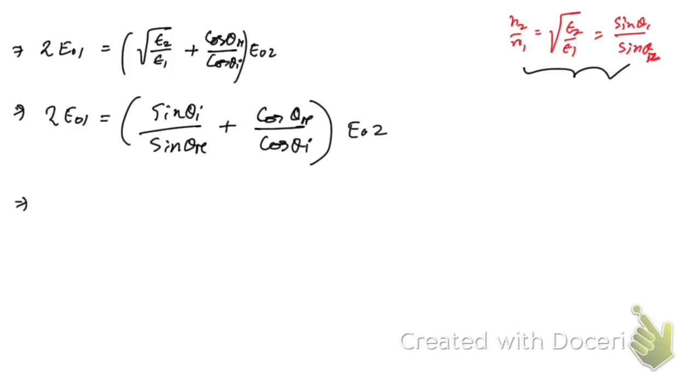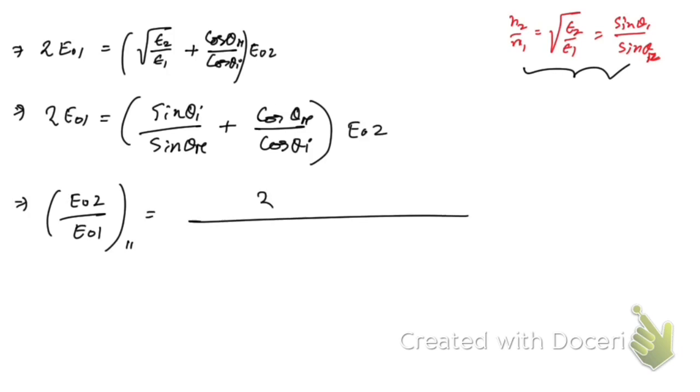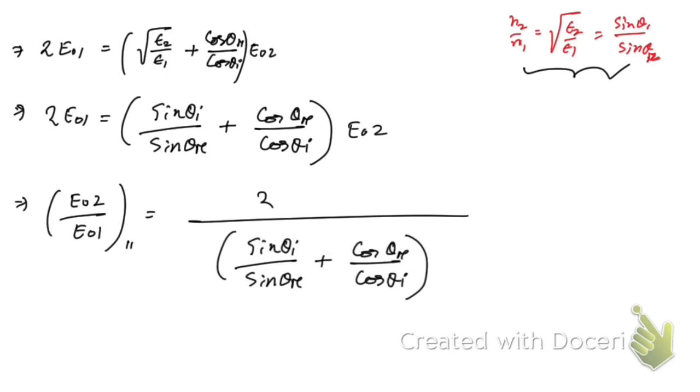So this is going to give you e naught 2 by e naught 1. So we are taking the parallel components, right? So that's going to give you 2 divided by this, just let me copy this and paste here. That's what we're gonna have.